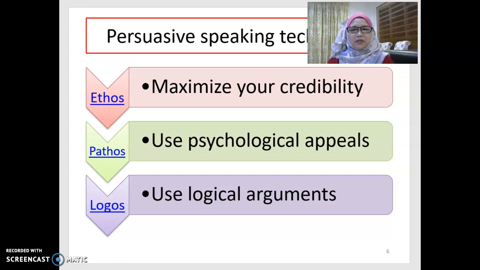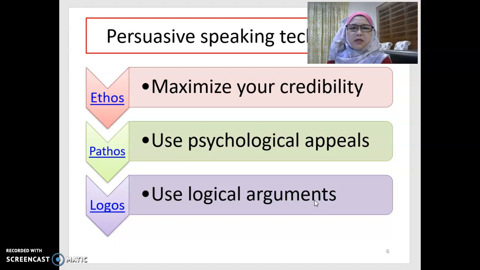So anyway, I'm just going to give a quick recap on this point here, the use of logical arguments. It means that you need to have evidence that substantiates or backs up your claim. It needs to be from credible sources.